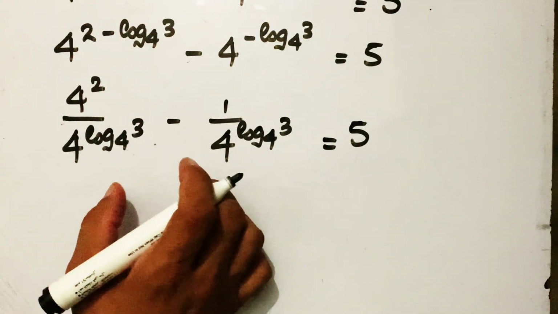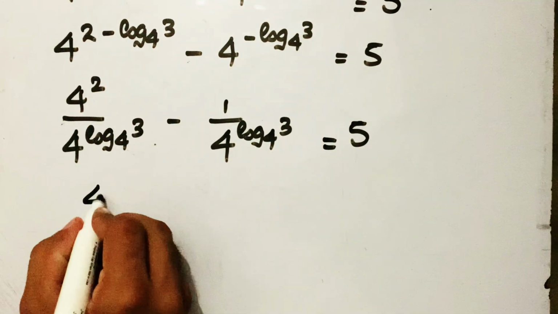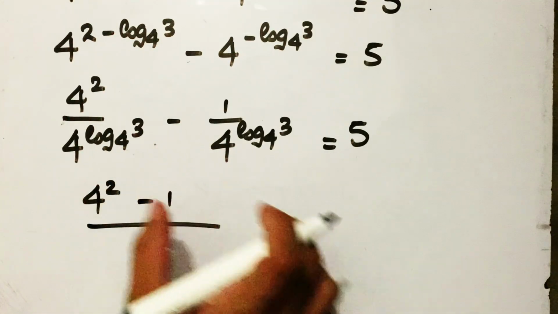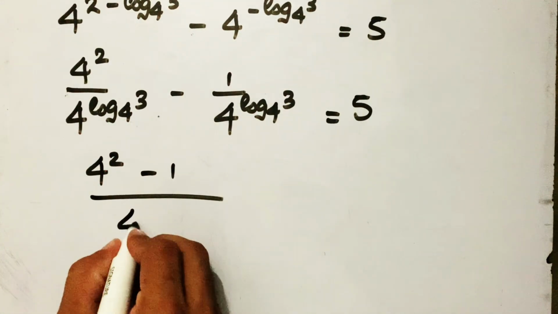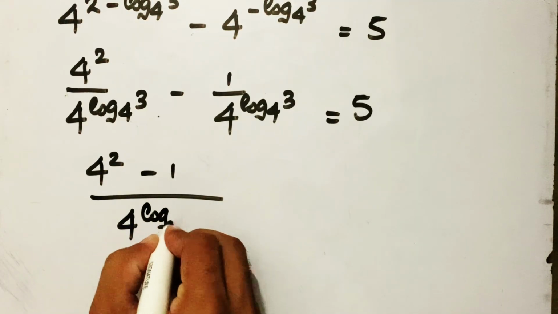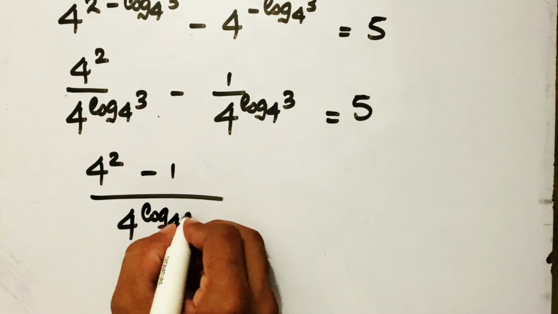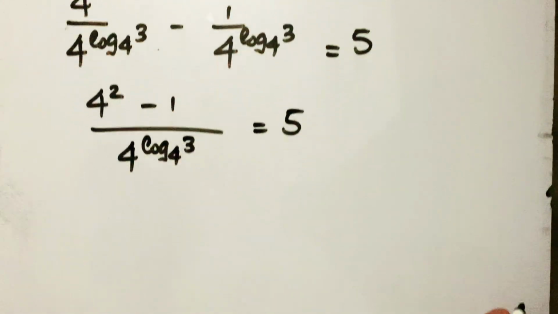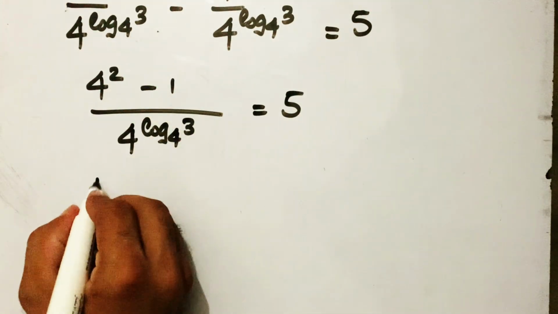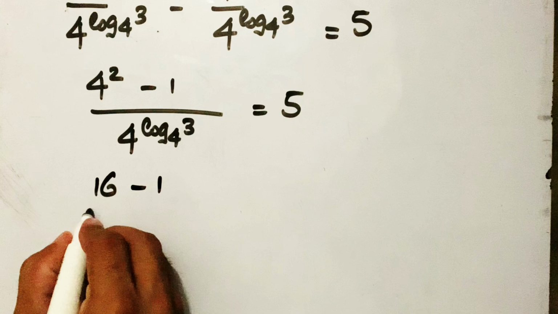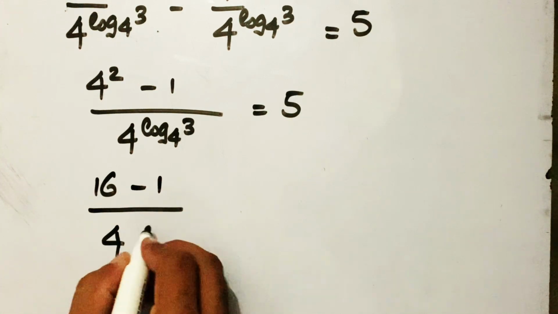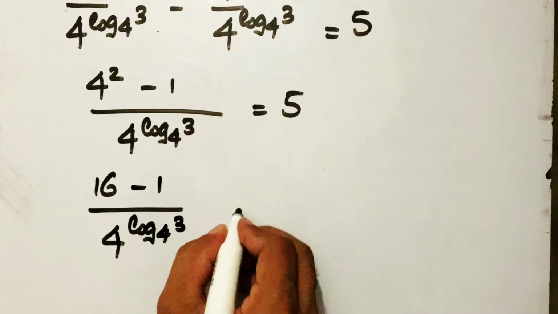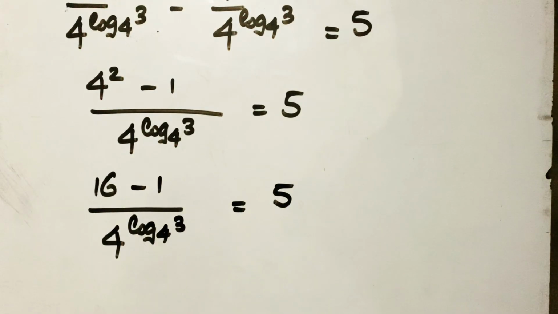I'm taking the LCM here, so this is 4 squared minus 1, with the same LCM, over 4 to the power of log base 4 of 3, equals 5. So 4 squared is 16 minus 1, divided by 4 to the power of log base 4 of 3, equals 5.